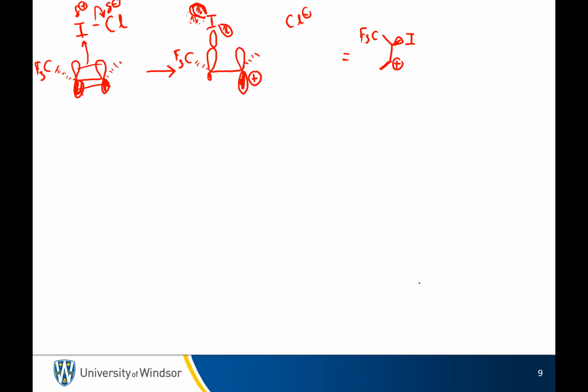Okay, now, if we're thinking about that, I've got this big empty p orbital, positively charged, does not have its full octet, and it's awfully close to an sp3 orbital from this iodine. I got electrons. I got something that wants electrons. Let's solve that problem.